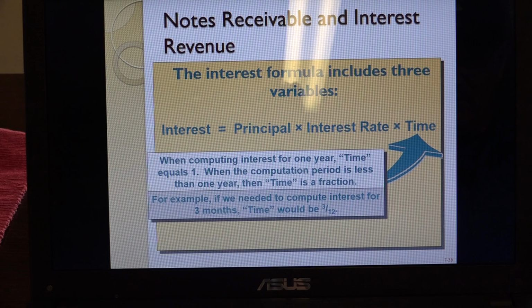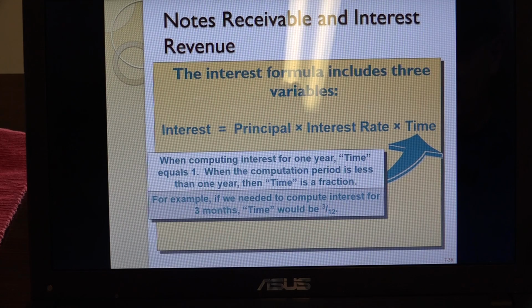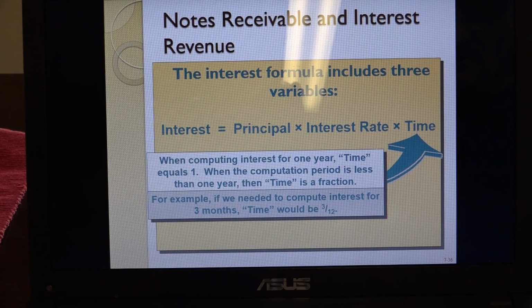All right, so it says here, this time factor, when computing interest for 1 year, time equals 1. When the computation period is less than 1 year, then time is a fraction. And so, for example, 3 months would be 3/12 or 1/4, right?